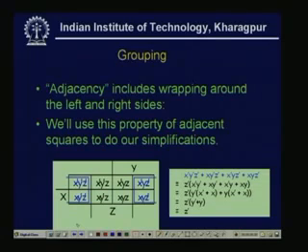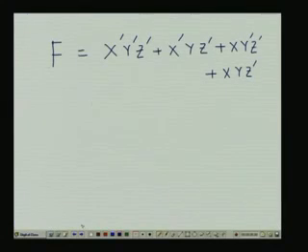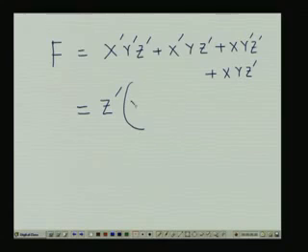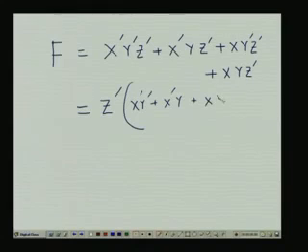Now, how can we reduce this? First we see that in all the terms z dash is common. Taking z dash common, we get x dash y dash plus x dash y plus x y dash plus x y.